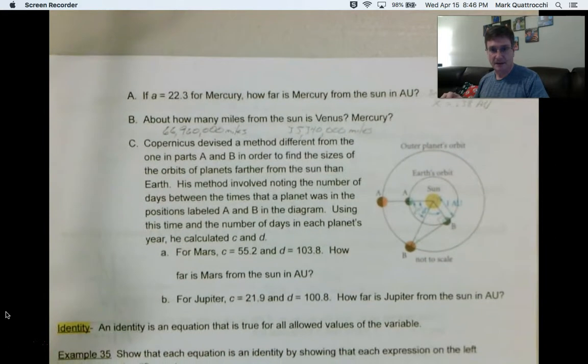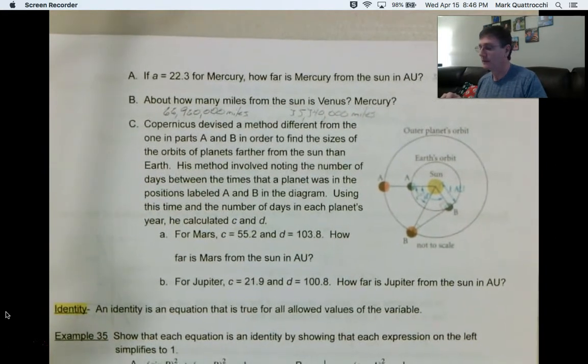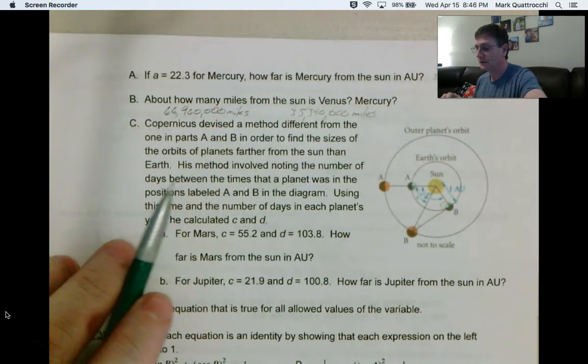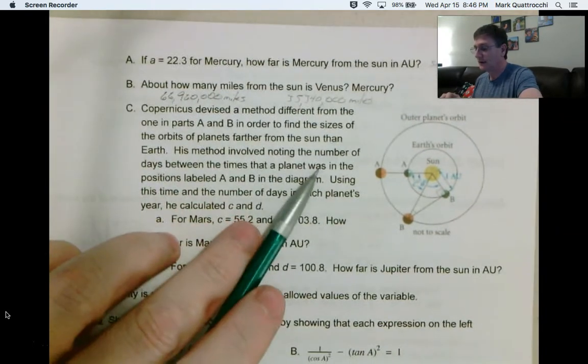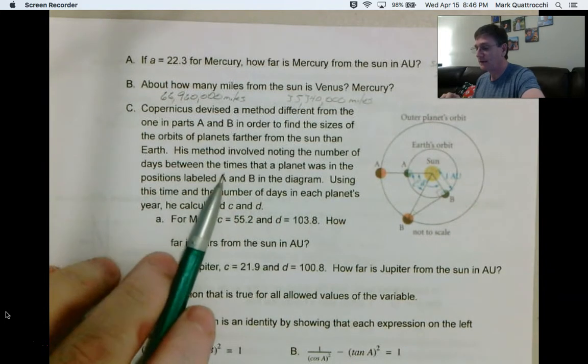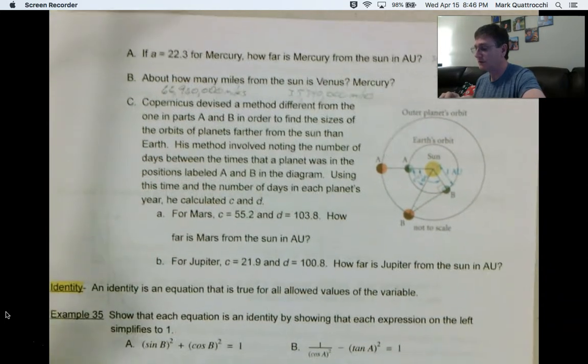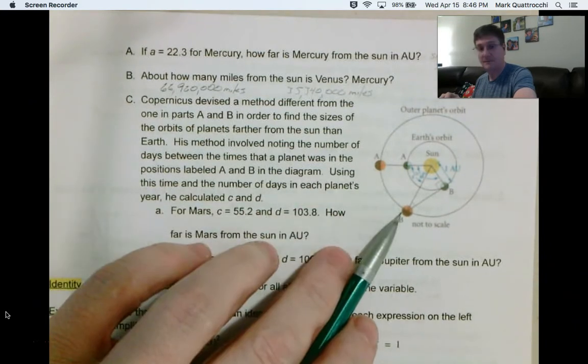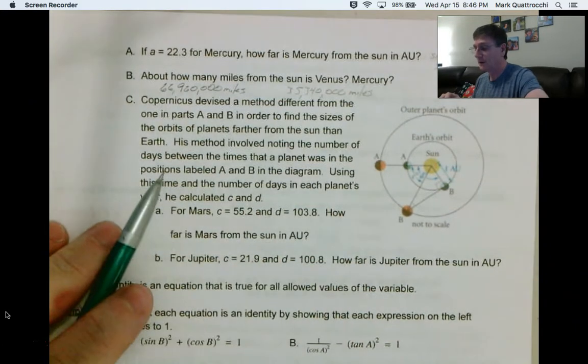Copernicus devised a method different from the one in parts A and B in order to find the sizes of the orbits of planets further from the sun than the Earth. His method involved noting the number of days between the times that the planet was in the positions labeled A and B. So this is a different planet outside of the Earth.